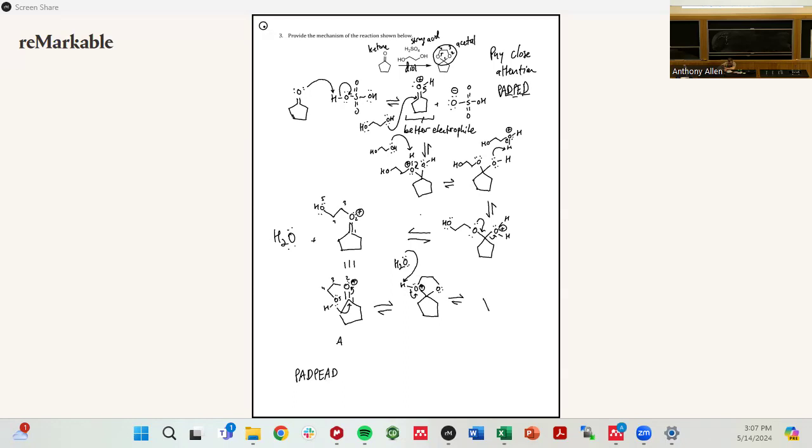That gets you to your product, plus H2O plus HSO4 minus. So that is essentially H2SO4, so it's actually a catalyst of H2SO4 because you form acid again.